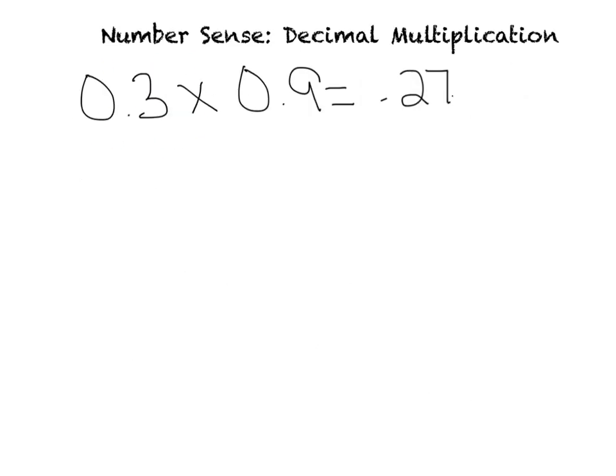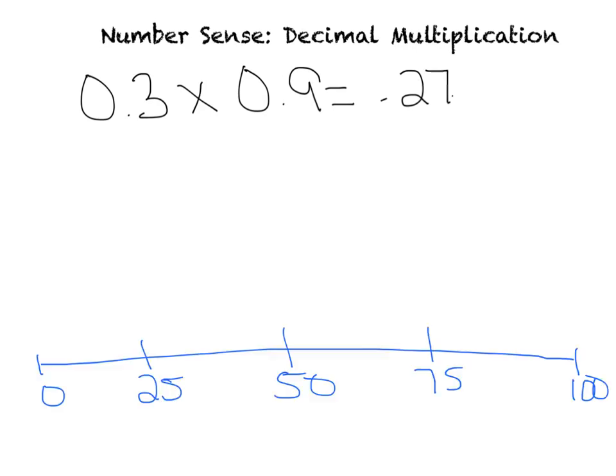I know your mind is getting ready to explode, so let's go through one more together. I'm looking at my problem, 0 3/10 times 0 9/10. How can I be sure that my answer is correct by just doing some estimating? How do I know my answer is going to be 27 hundredths or less than 1 whole? Well, it's actually very simple to do.